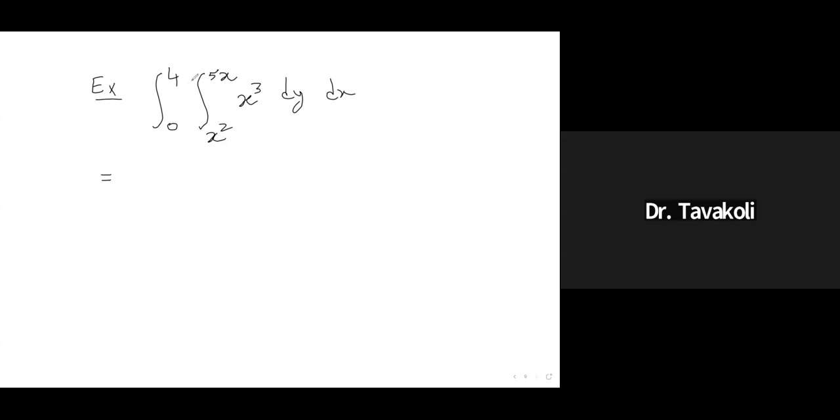So for the interior integral, x cubed is a constant with respect to y, so it can be pulled out here. So the integral from 0 to 4, x cubed, and the integral with respect to y of, in fact, 1 is remaining, or just dy. And the exterior integral is dx.